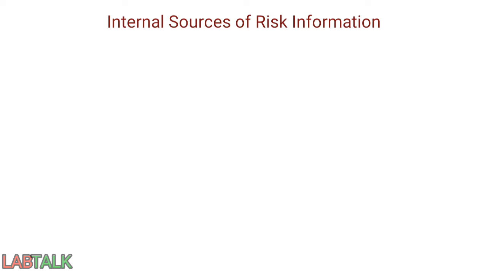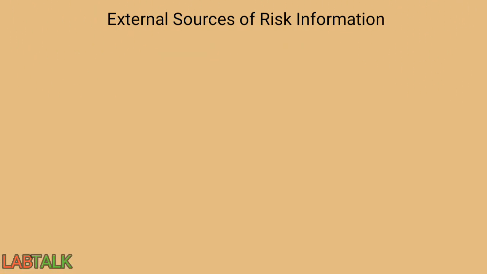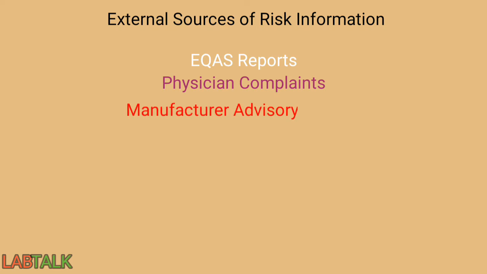The next thing for data collection for the surveillance of risk is the external sources. These external sources can act as a source of information and data which is gathered outside of the laboratory, which includes external quality assurance service reports, physician complaints, and manufacturers' advisory notices.